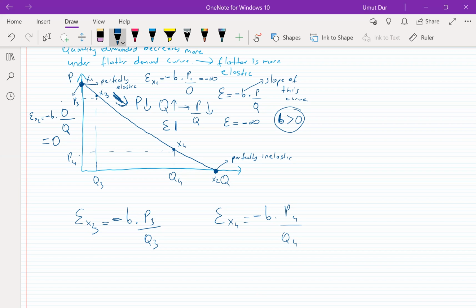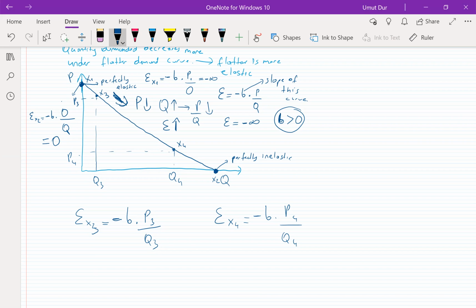Elasticity is increasing. Remember that although this term is decreasing, I am multiplying it by a negative constant, so I am becoming closer to zero.